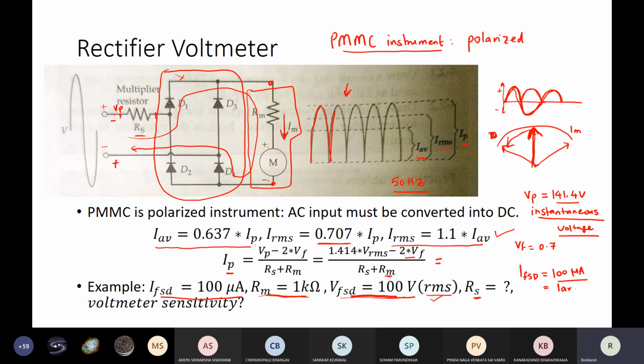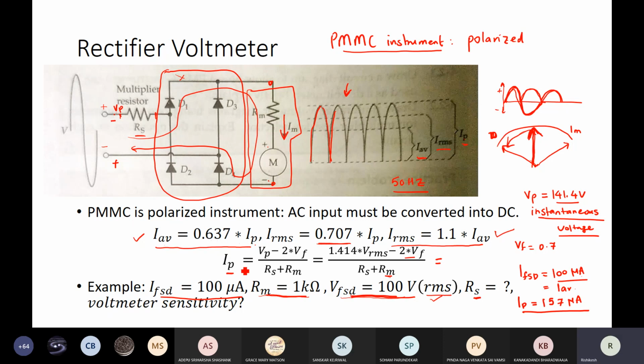Then what is the corresponding peak current value? If 100 microampere is the maximum average value, what will be the corresponding maximum peak value? Calculate 1.57. It is 157 microampere. Right? 157 microampere is the maximum peak current that will flow through the meter.